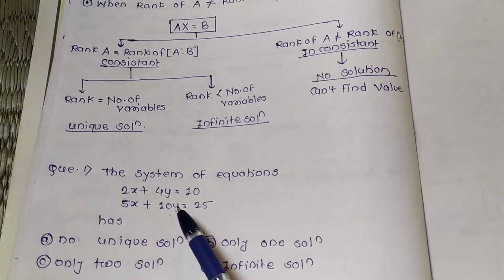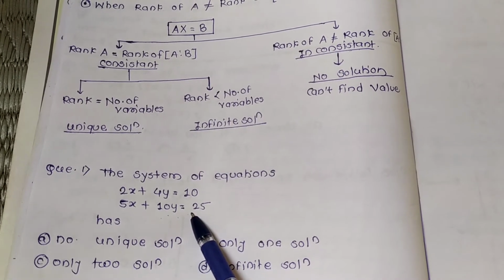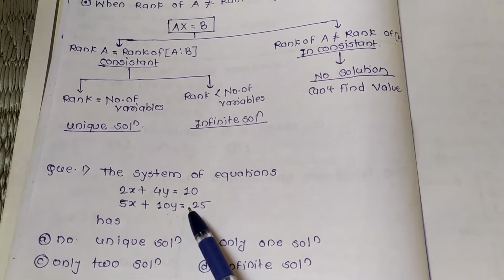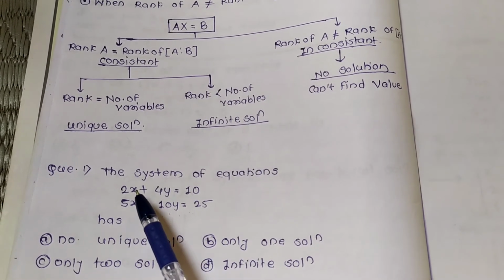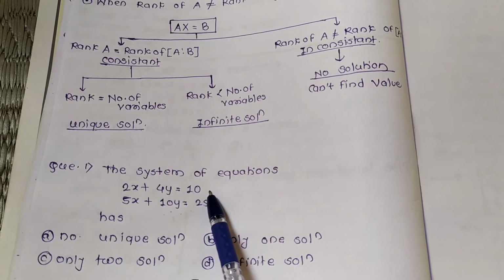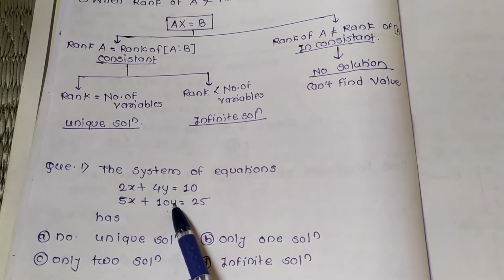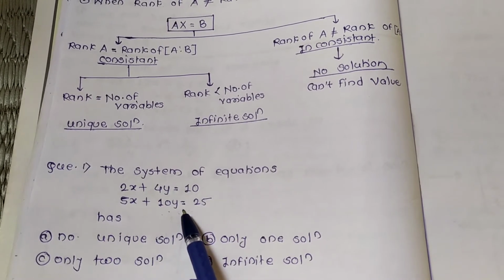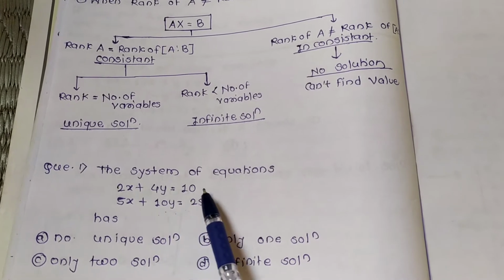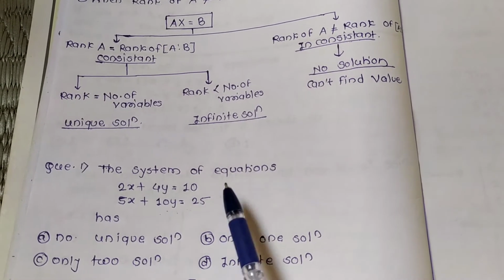If the rank is the same, then it is consistent, and if this rank is equal to the number of variables, here x and y, these are two variables. If the rank is 2, then unique solution. If the rank is 1, then we have infinite solutions because we have 2 variables. Let's proceed.